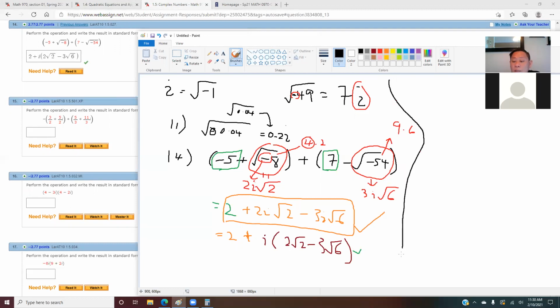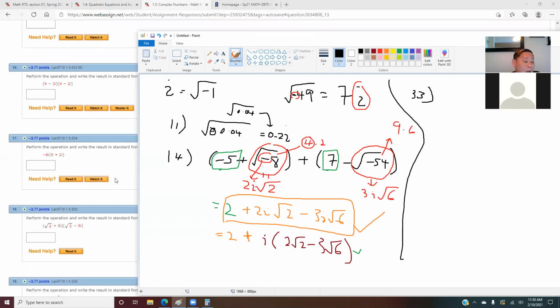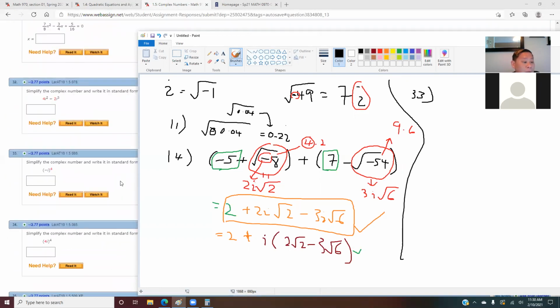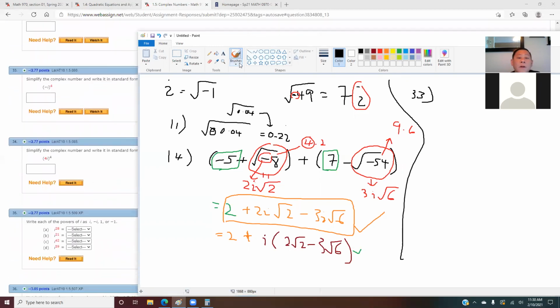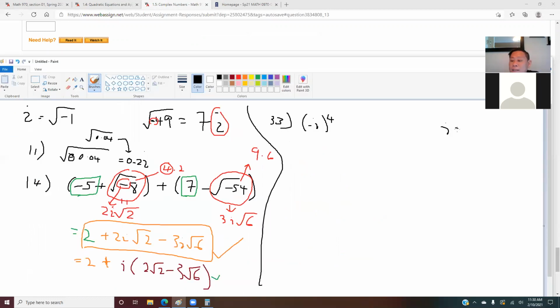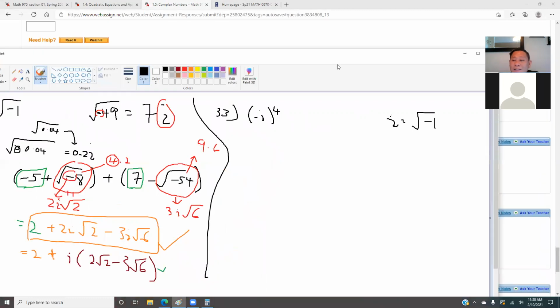And the last one is 33. Complex number, negative i to the 4. Before we talk about this, we know that i is the square root of negative 1, right? So what you need to do next is square it.